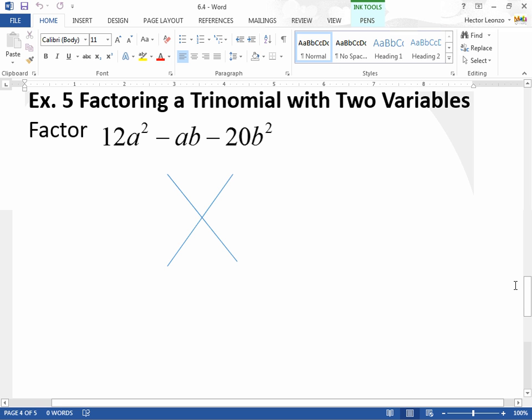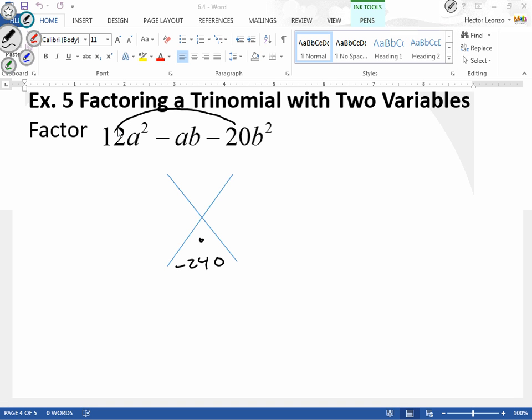Looking at this other one, I want two numbers that when I multiply them equal negative 240. Remember, I multiply those out. When I add my numbers, I want it to equal negative 1.